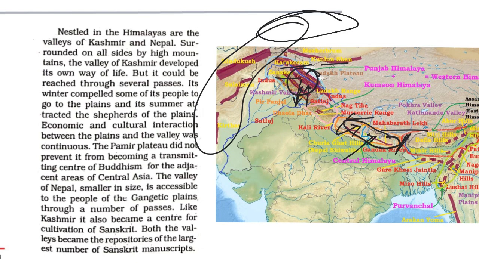So Kashmir as well as Nepal became centers for the cultivation of Sanskrit. Both valleys became repositories of Sanskrit manuscripts; the largest number of Sanskrit manuscripts found today are mostly found in the Nepal and Kashmir region.